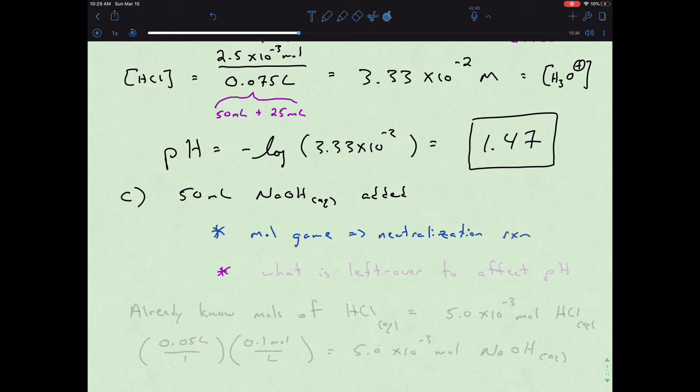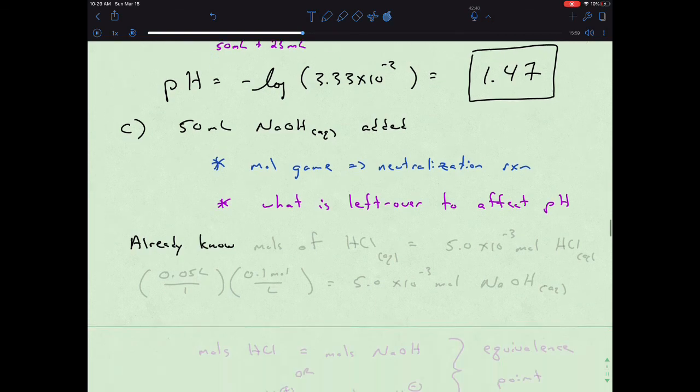You know, what is left over to affect pH? So it's exactly the same process that we did in part B. We already know moles of HCl.